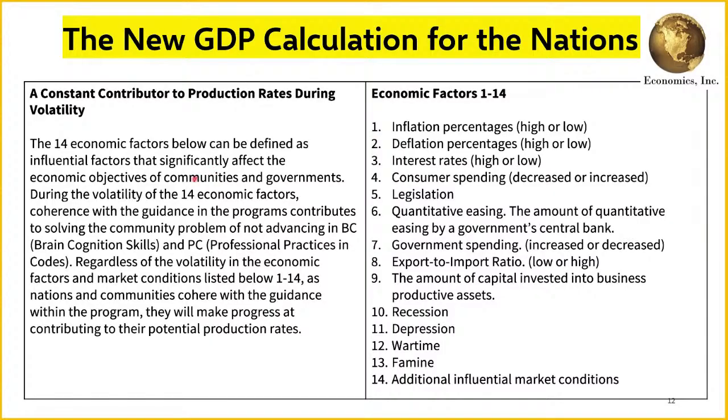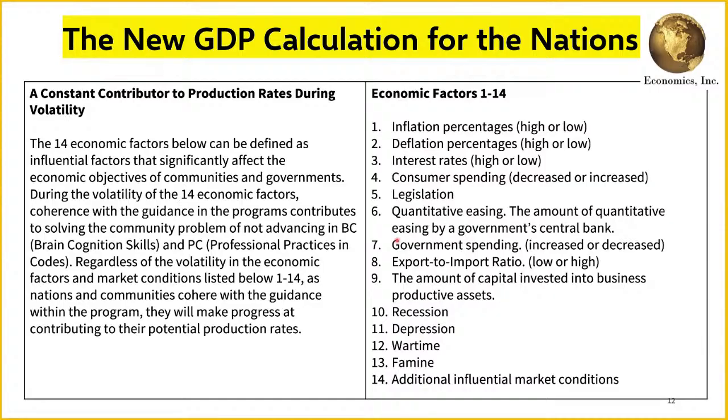But if you contribute to the BC and the PC factor, the brain cognition skills and the professional codes of conduct, then what's going to happen is you are going to be able to have a hedge against this. It's going to be a constant factor contributing to maximum potential. Because the brain cognition skills and the professional codes of conduct are going to happen no matter what, through 1 through 14. That includes quantitative easing.